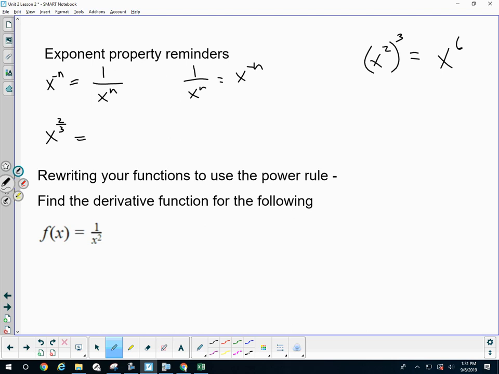Okay. Well, I can set up two powers that can be multiplied to give me 2/3. Like a 1/3 squared. X to the 1/3 squared is the same as x to the 2/3 because I can multiply those together. I get 2/3. It's the same as x squared to the 1/3.